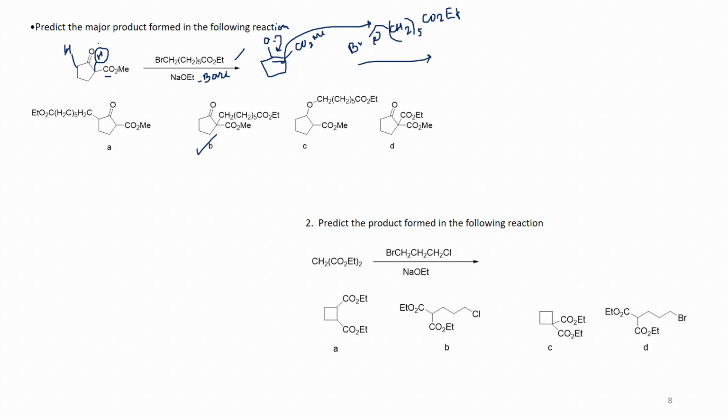This type of reaction is used in retrosynthesis, when you want to make a natural product or a big structure and you have to form the structure from a small compound. Here you are adding an electrophile at the center. So if you want to incorporate any group or any electrophilic carbon center, or form a carbon-carbon bond adjacent to the carbonyl center, the alpha center, you can apply this chemistry.